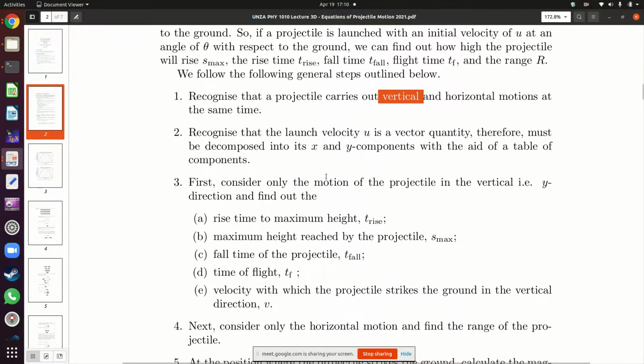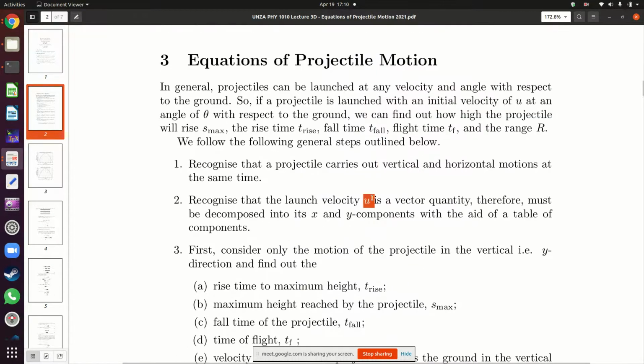So given a value of launch velocity, u, the first thing we want to do is find out how much is the launch velocity along the horizontal direction, or along the x-axis, and how much is the launch velocity along the vertical direction, or the y-axis.